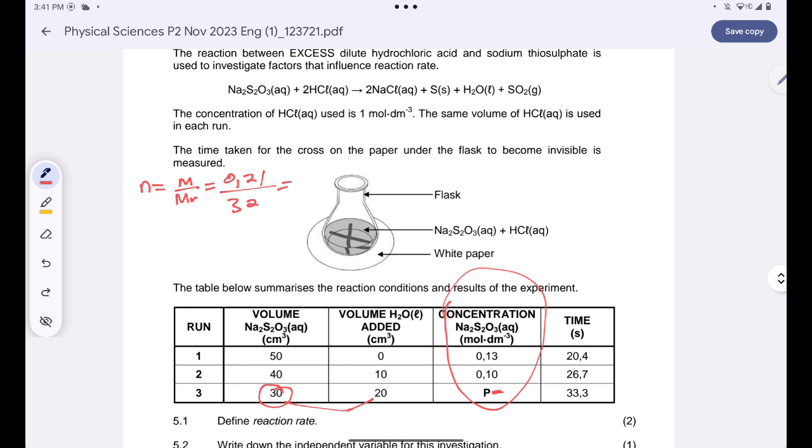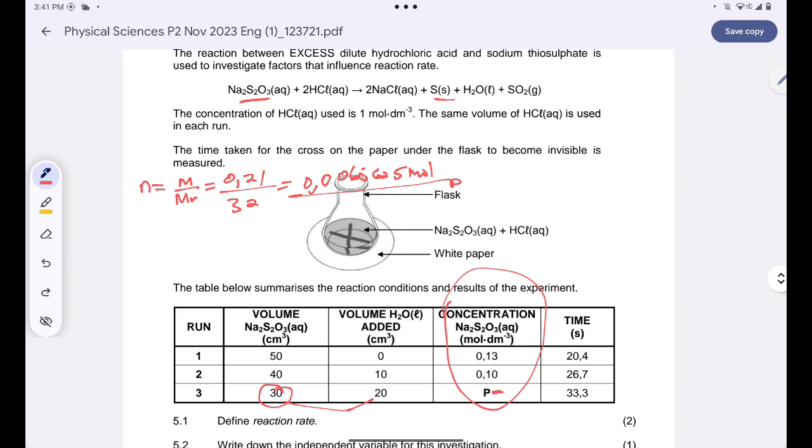0.21 divided by 32 will give me 0.0065625 moles. I don't want to round off. What do I know? I know that the ratio between my sodium thiosulfate and my sulfur is 1:1.